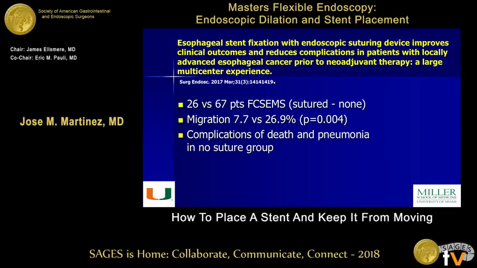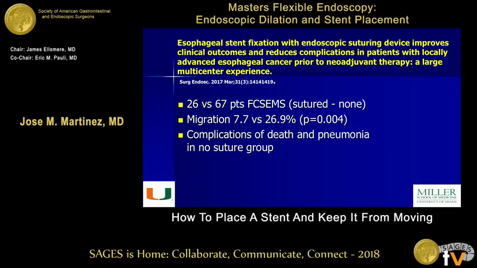Here's an interesting study, because I always thought that migration within a cancer population would be quite small. This study evaluated almost 100 patients with fully covered metal stents, whether they secured them with sutures or not. The majority, 67, had no sutures, and 26 had sutures. These were malignant patients.